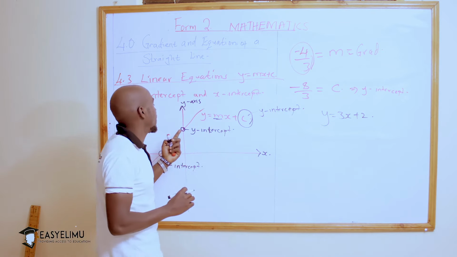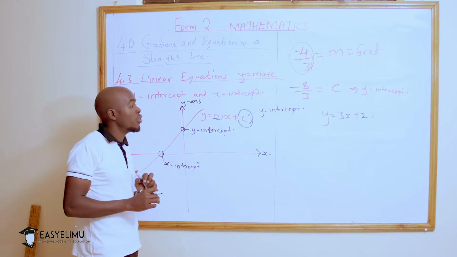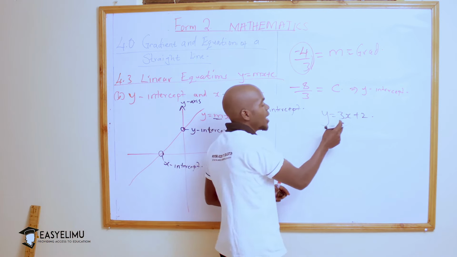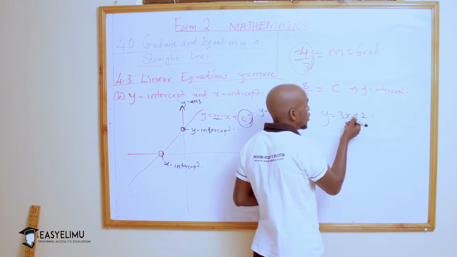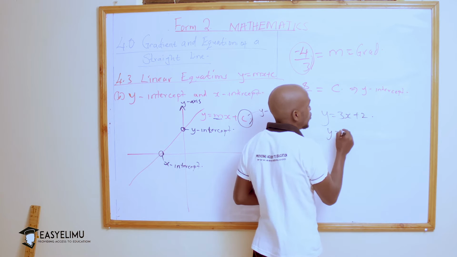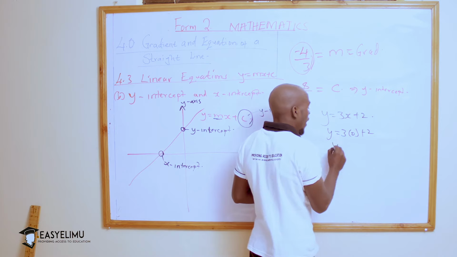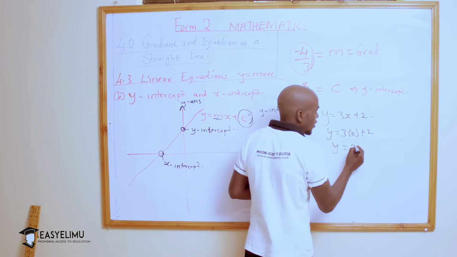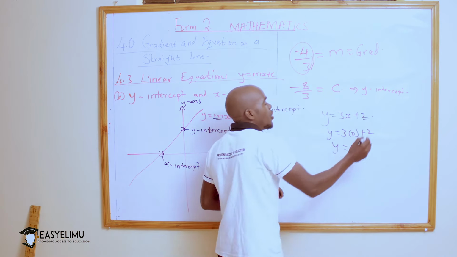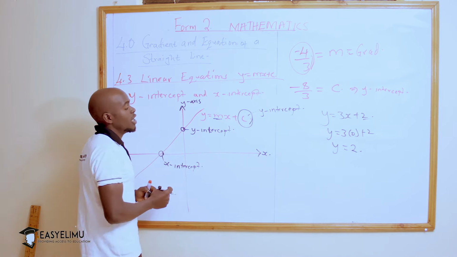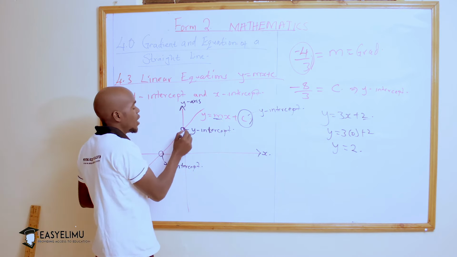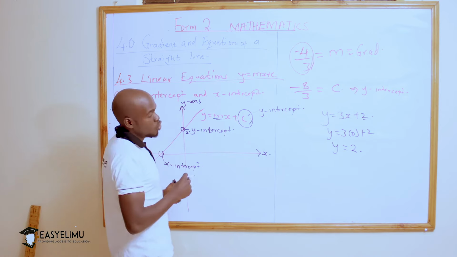Since x equals 0 at the y-intercept, you can replace x by the value of 0. So you can say y equals 3 multiplied by 0 plus 2, and you will find that the y-intercept is equal to 2, which we had already said. So if this was our line, then this point here will be at 2.